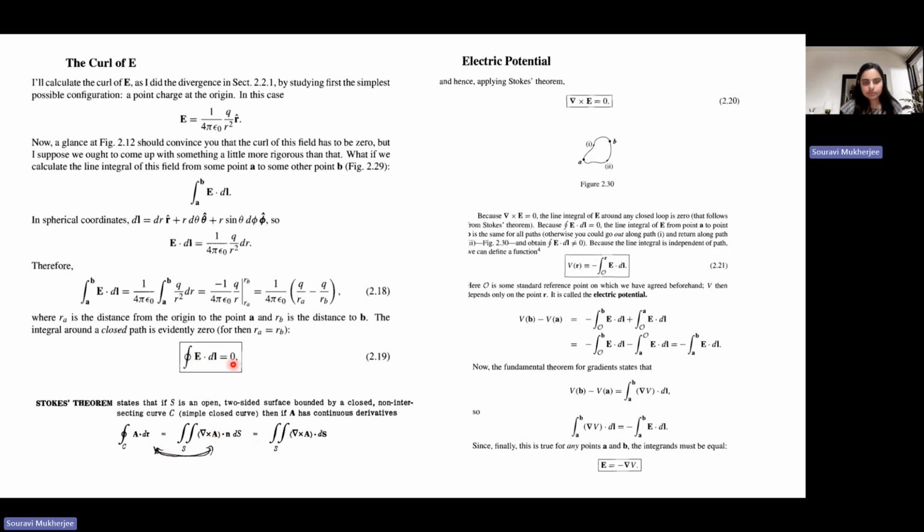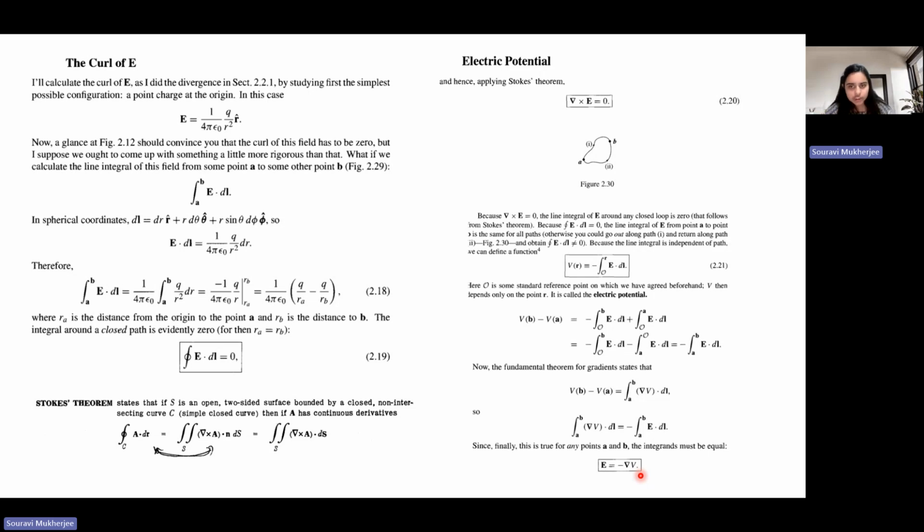Using that, we can write that for electrostatics, where things are not changing with time, the curl of E is 0. This made our electric field conservative. And from here, we could define this very idea of electric potential. That was very useful because, in the electrostatic limit, you have curl of E going to 0, so you can write the electric field as minus the gradient of V, where V is now a scalar quantity.